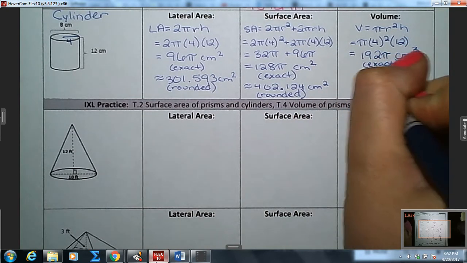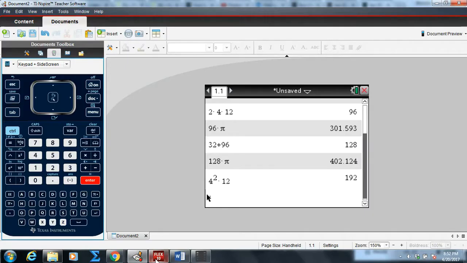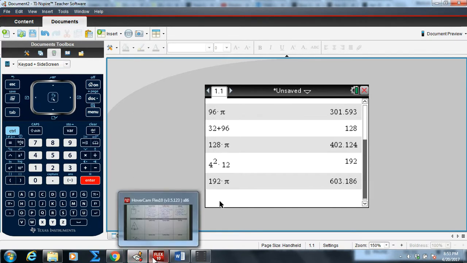For the rounded answer, I'm going to multiply 192 by pi. 192 pi is equal to an approximate 603.186. Again, that's centimeters cubed because this is a volume measure.